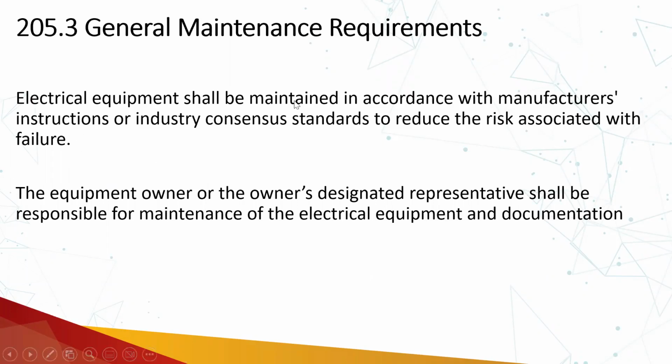So this is the main thing related to this chapter, that you have to maintain your electrical equipment as per the manufacturer's instructions. If you are not maintaining those things as per the manufacturer instructions, then you are not complying with the safety related maintenance requirement.